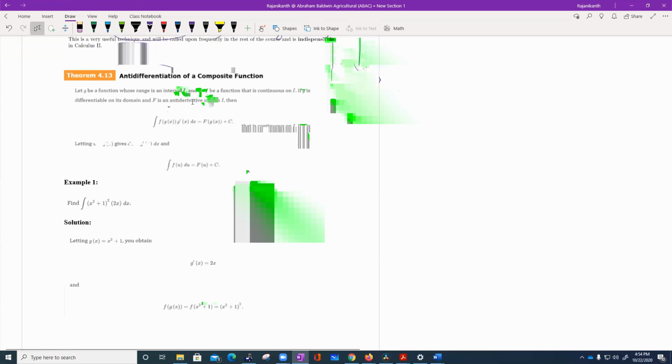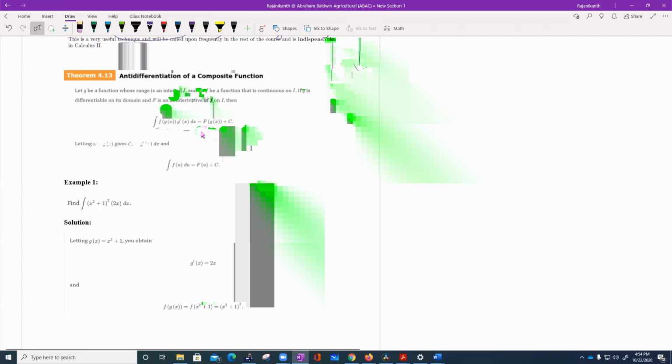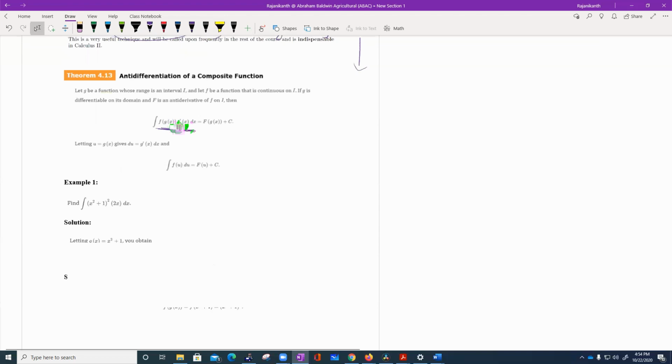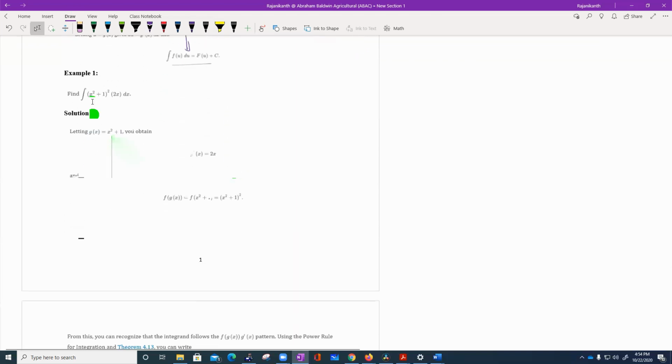Okay, what does that mean? That means if you see this kind of pattern in the given problem, you are given a function and then its derivative here, then that could be rewritten in this form, okay? Now look at this example.